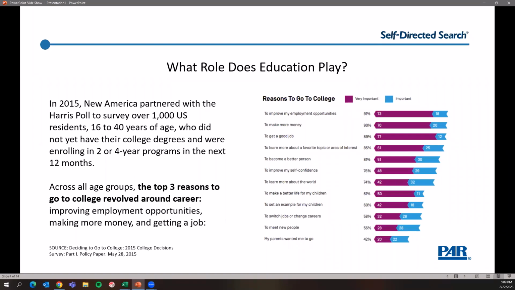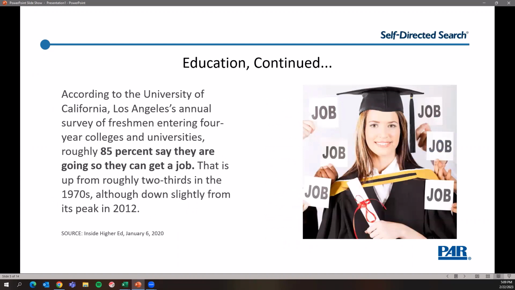Overwhelmingly, probably not that shockingly, the top 3 reasons people say they go to college are related to making a better living, finding a better job, finding a fulfilling career. And that was true in 2015. It's still true in 2020 at UCLA, a tier 1 research school, where theoretically maybe people would go to a university for something other than a pure one-to-one, I'm going to school to get a job, right?